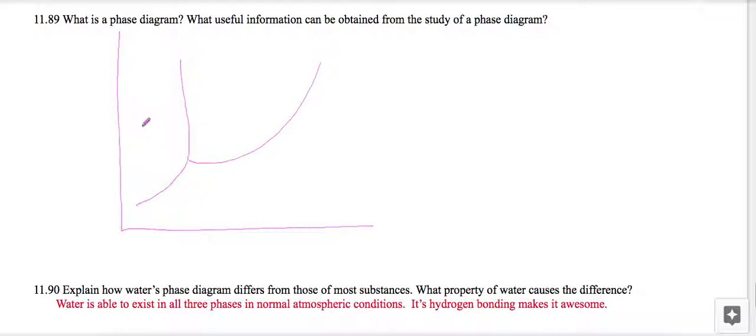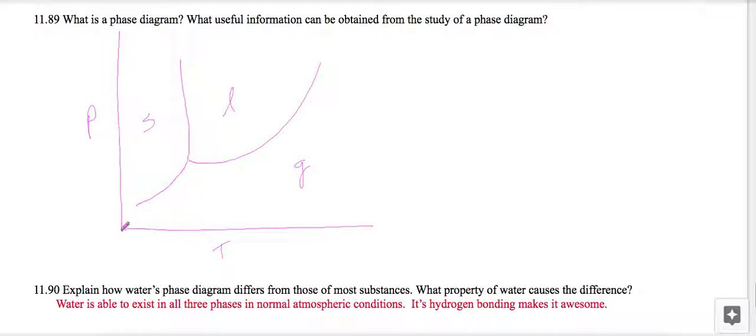This is going to be our solid. This is going to be our liquid. This is going to be our gas. Over here we have, is it temperature? Actually, I think this is going to be pressure on this side. And temperature. Yeah, so that looks correct.